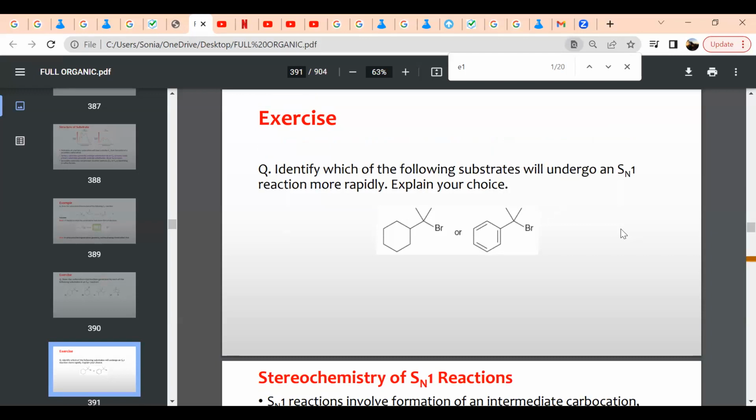We can see the exact same molecule except one has a benzene, the other doesn't have that aromaticity. So I was able to see that this one will undergo a reaction more rapidly due to the delocalization of these pi electrons, these pi bonds.